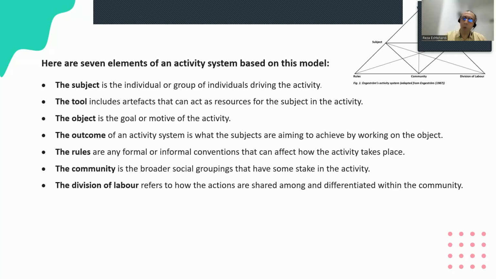The subjects in one of the systems that I managed to analyze are our candidates or trainees. The tools, there are a lot of tools that we use in online courses: the computer, internet, online websites, course books, ebooks are all tools. Object, depending on which activity system we are dealing with, is basically to learn the principles of teaching and receiving the CELTA certificate.